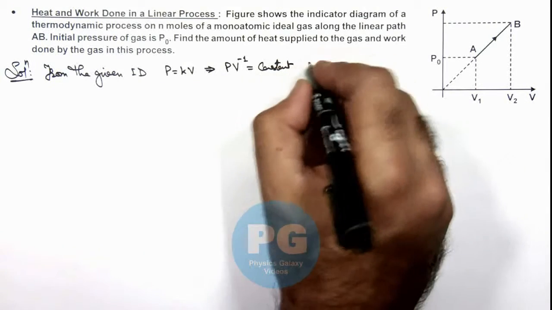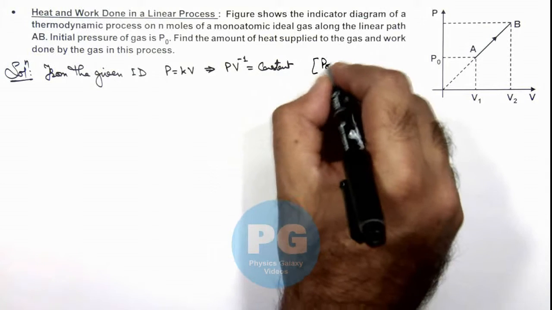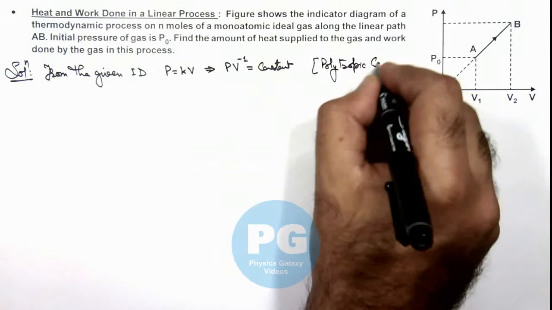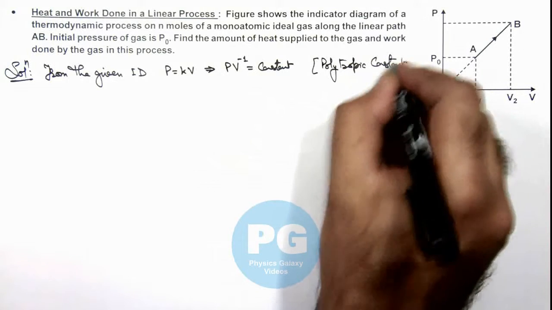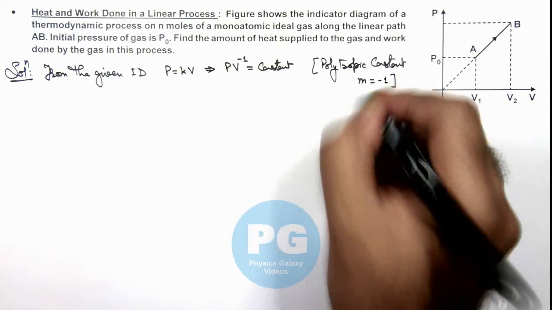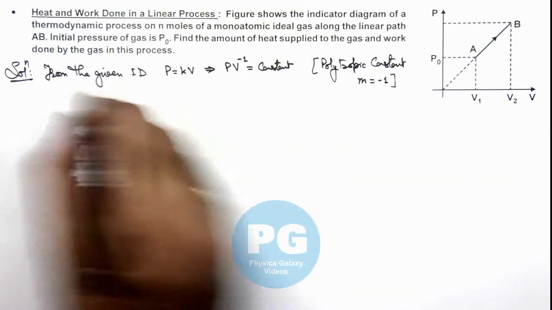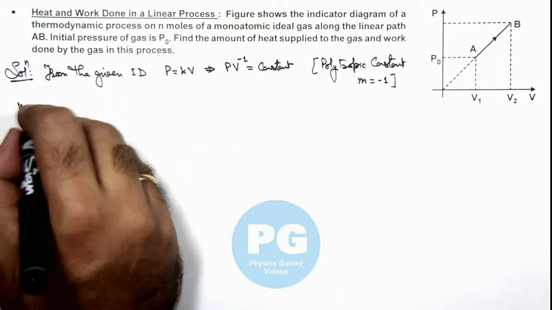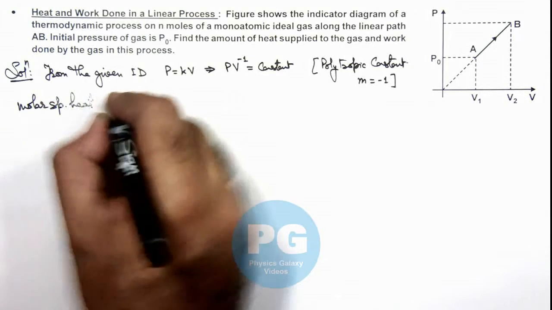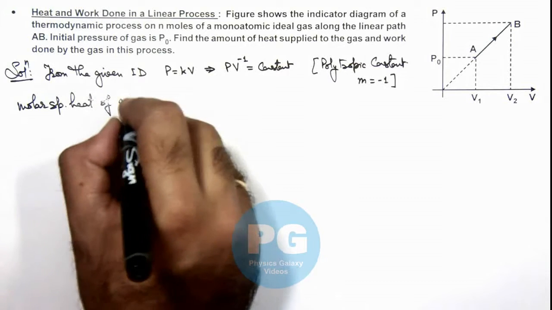So here we can write the polytropic constant, we can take it as m, and that is equal to minus 1. So using this we can find out the molar specific heat of the gas.